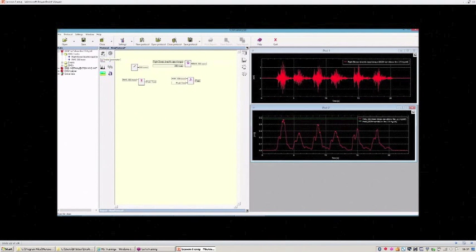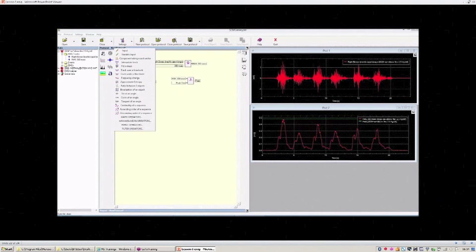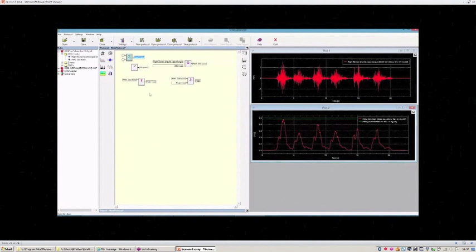Now if we want to perform the normalization of the signal, we can go into scalar and choose ratio between two events operator. Now we can divide the envelope of the signal by the peak value. If we want to get a percentage value, we have to multiply by 100.